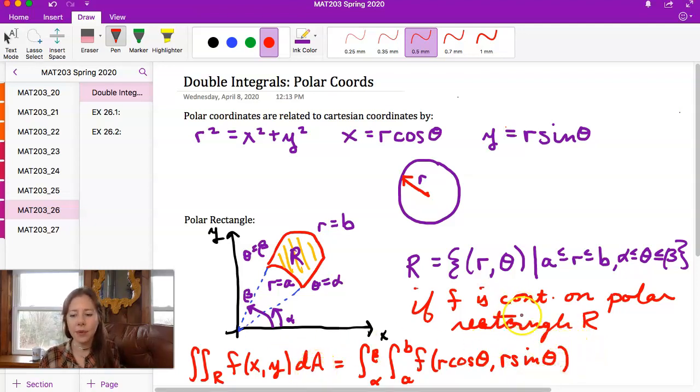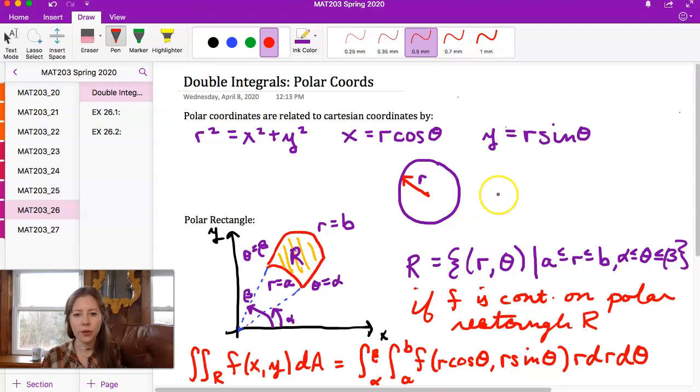And dA becomes r dr d theta for the conversion. Okay, so you have an extra r in there. So it's r dr d theta because an area, right, is going to be some length squared. And so these angles are really just, they're in radians, they're dimensionless, right? And so the dimensions have to work out. And so you have an extra r in there.